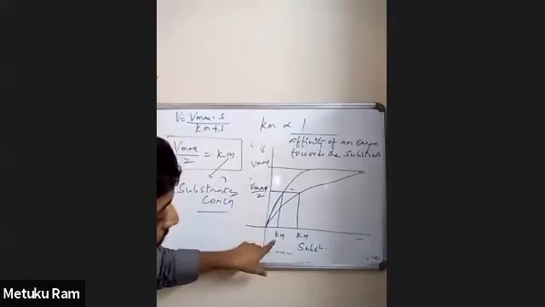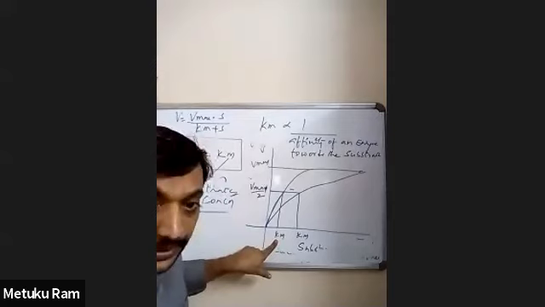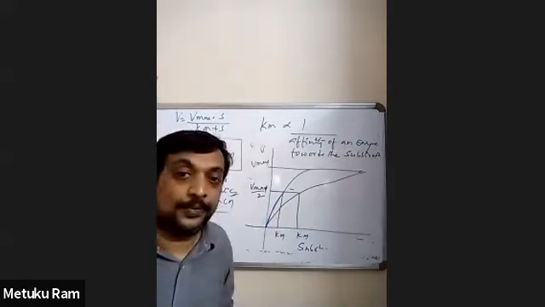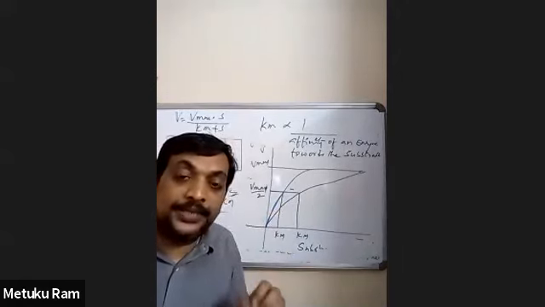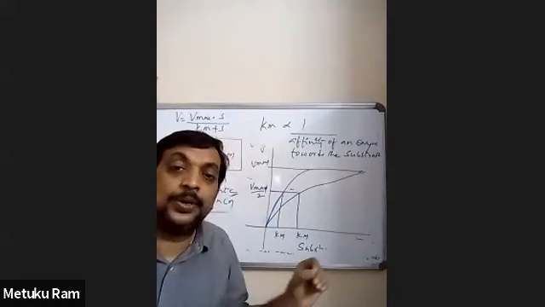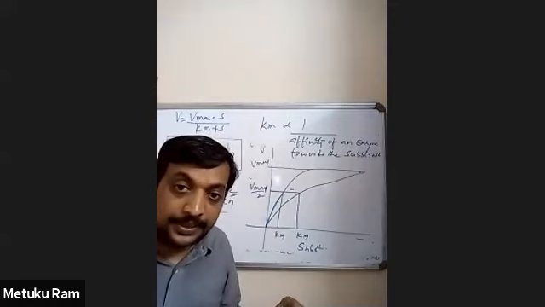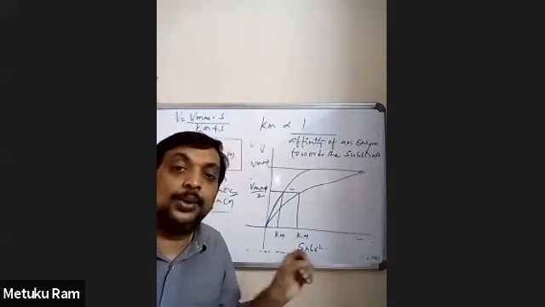Now observe here: lower the Km value, higher will be the affinity of an enzyme toward the substrate. Higher the Km, lower will be the affinity.